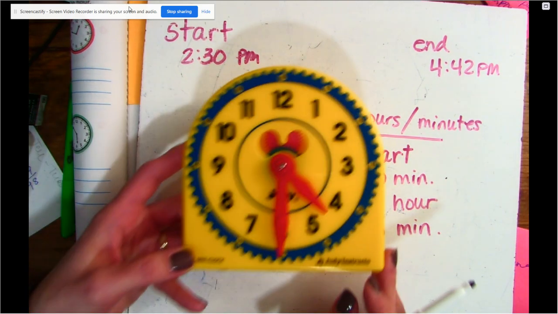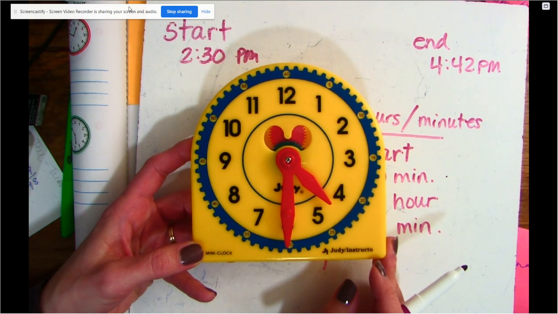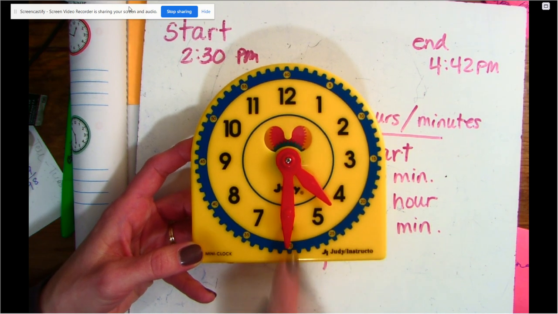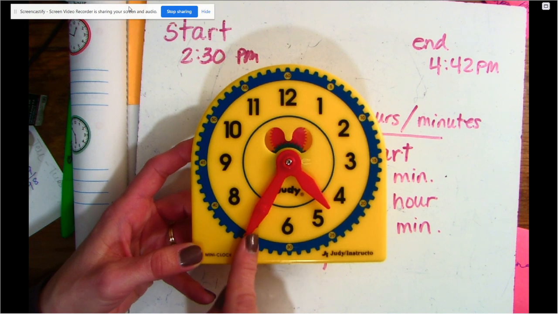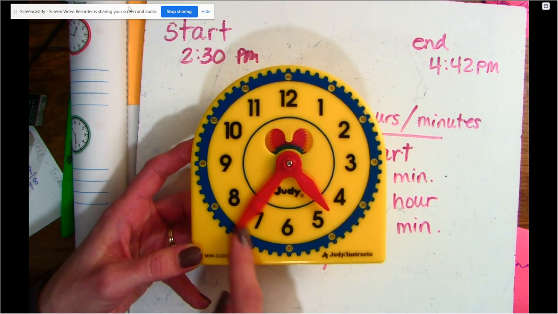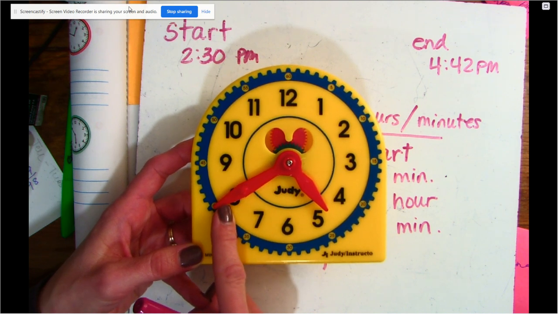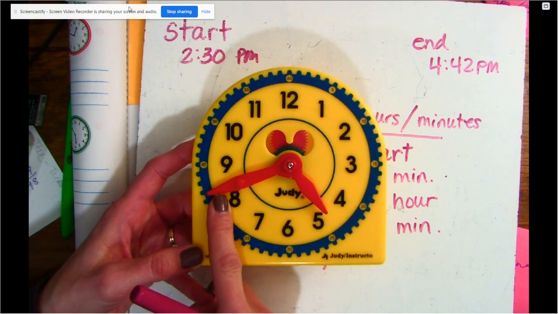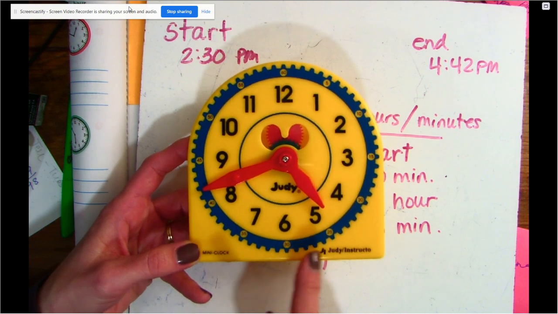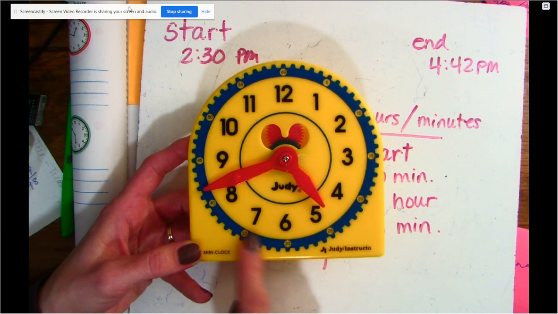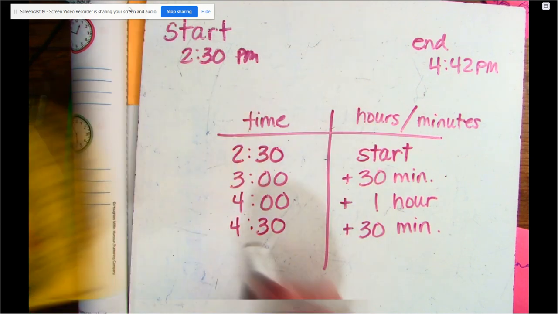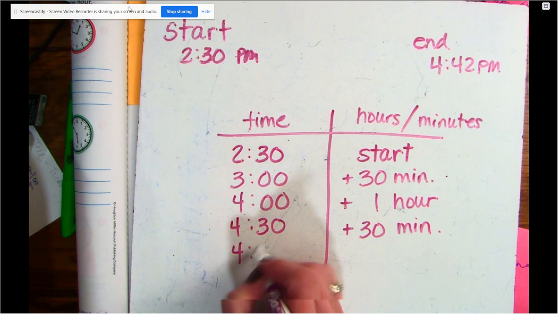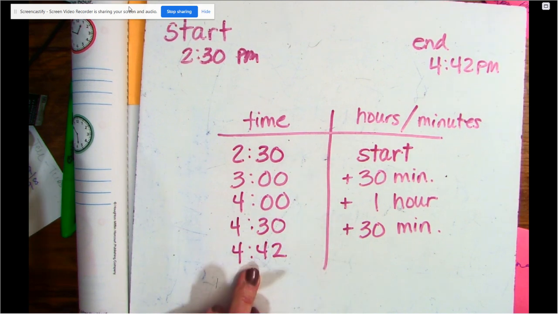I'm at 4:30 and I want to go to 4:42. Here would be 4:35, 4:40, 4:41, 4:42. So I bet I can go from 4:30 to 4:42. Let's write down 4:42. That's our end time, right?